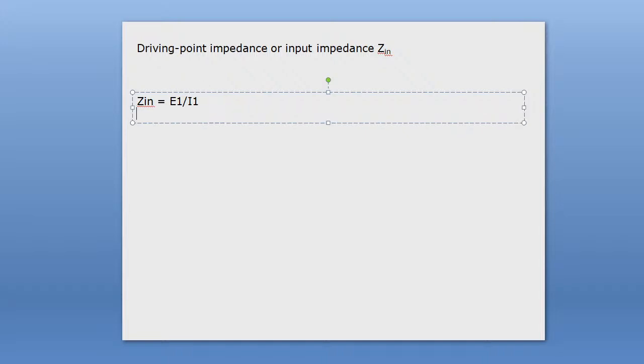Now for the given circuit, you tell me what will be the expression for the ratio of E1 and I1. One thing everyone remember, that to derive the expression of driving point impedance or transfer impedance, we will remove other sources except the input source or input supply voltage.